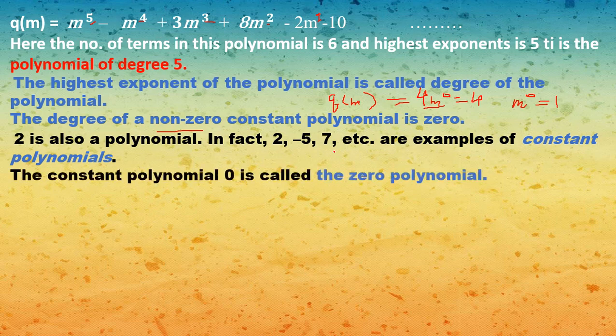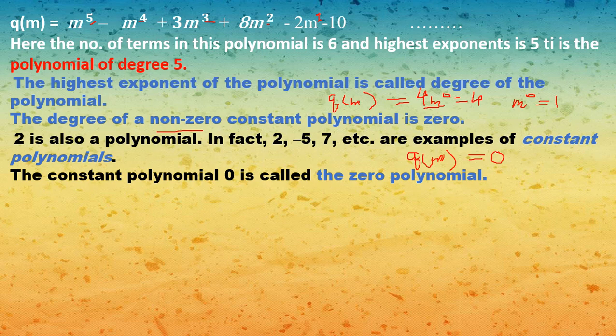Now the constant polynomial, if we write it in place of p(x) or take y or any variable, and write it equals 0, what is the meaning here?